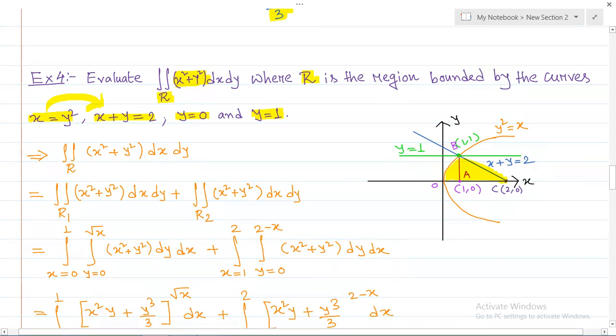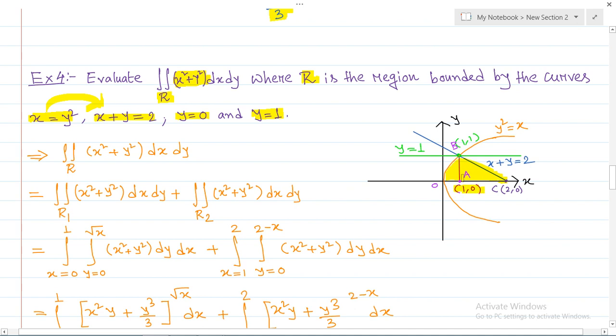Now if you look at this region, the top of this region is defined by two different curves. If I make a perpendicular from B to the x-axis, the point of contact is capital A having the coordinate (1, 0).